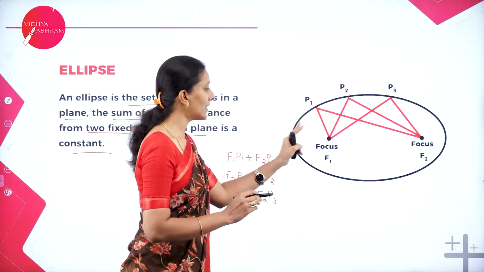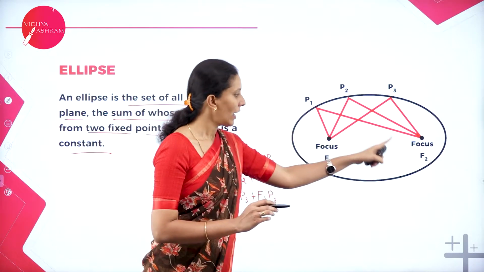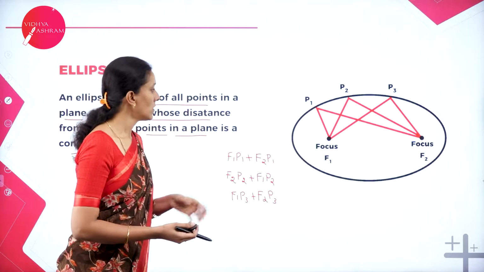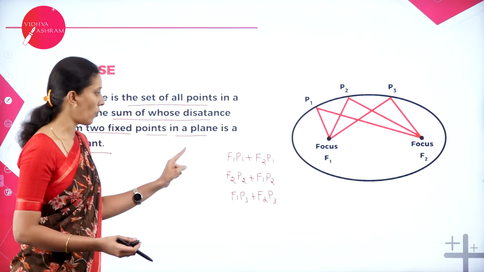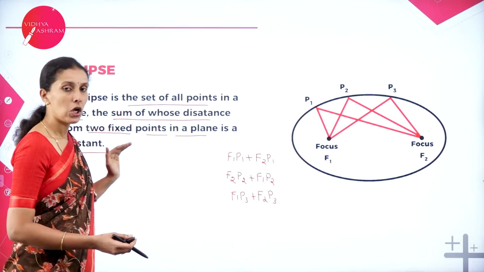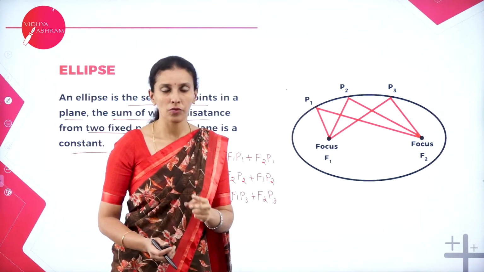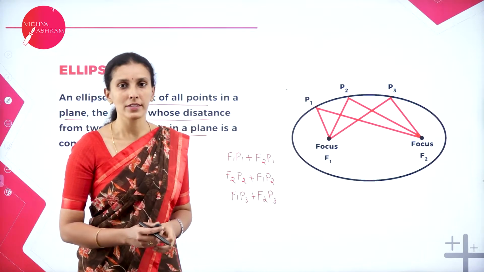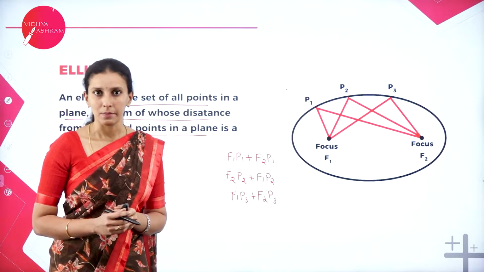If you take another point also, the distance F1P4 plus F2P4, the sum of those two will always be constant. Therefore, it's a curve whose sum of distances from two fixed points in a plane is constant. So when you add the distances from a point to the two focuses, it will be constant for all the points on the ellipse. So this is how we get an ellipse.